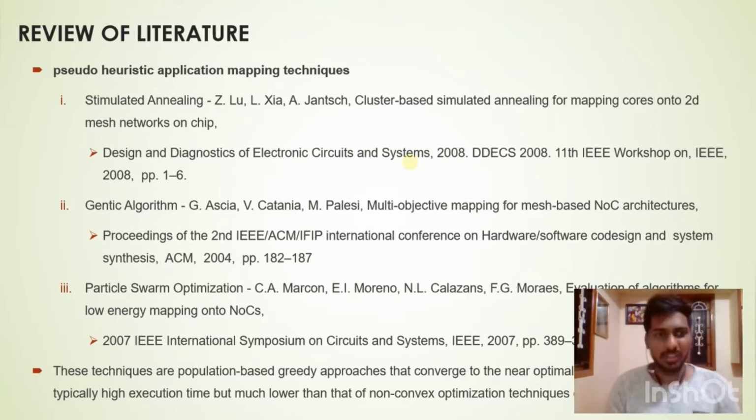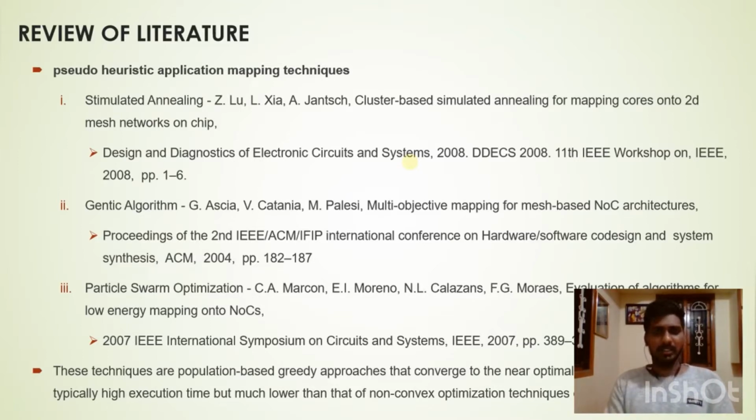For the heuristic application mapping techniques, there are so many reference papers that I can't cover every one of them, so I am just dividing them. These techniques are population-based greedy approaches that converge to a near-optimal solution and typically require a higher execution time, but lower than the non-convex optimization solution.